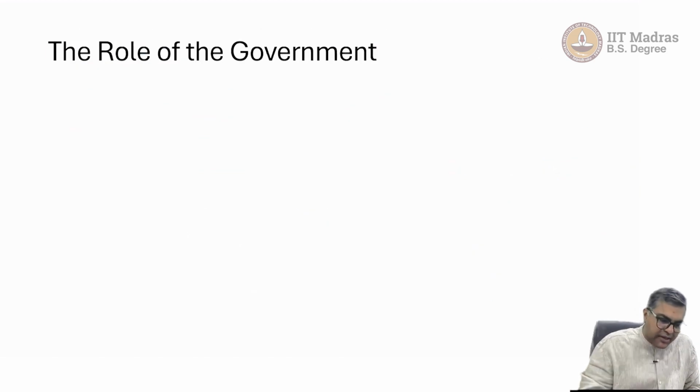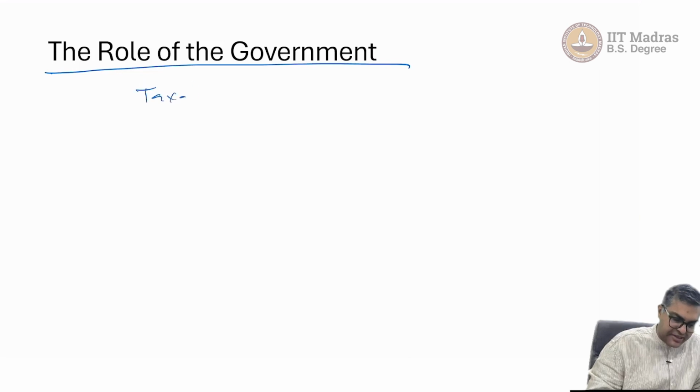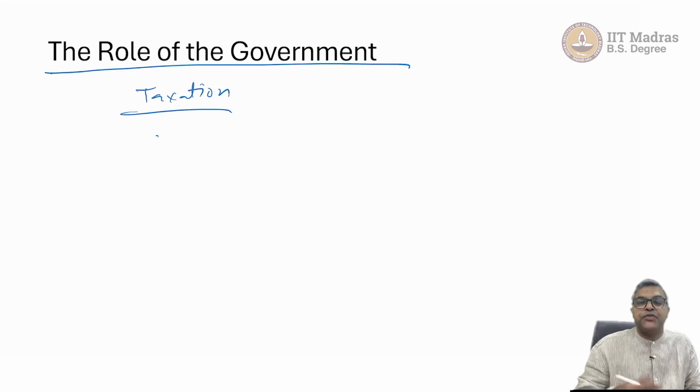So that is where the government comes into the picture. The government has to make provision for public good, perhaps through taxation, or by charging a fixed fee from everyone. That is also a form of taxation. So the government has an important role to play in the provision of public good.